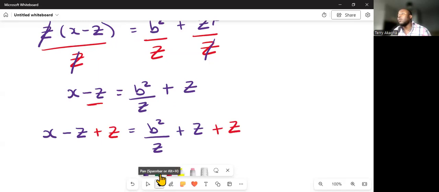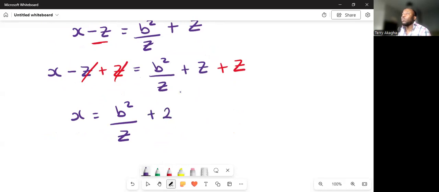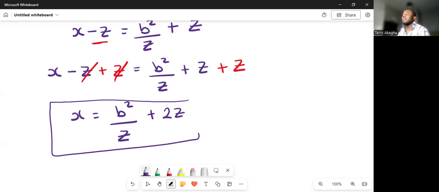Then minus z plus z will cancel out. Then we'll be left with x equal to b squared divided by z plus z, which is going to give us 2z, and that will be the answer for that. So you see, you keep on manipulating it till what you're looking for is alone on one side of the equation.